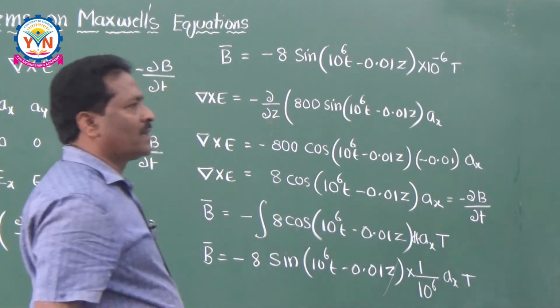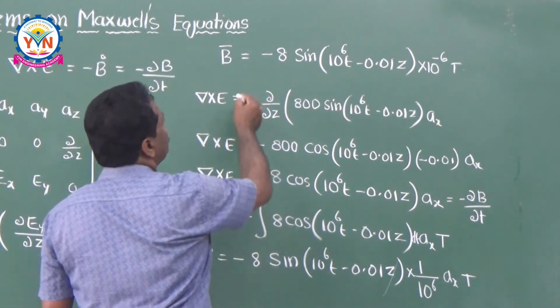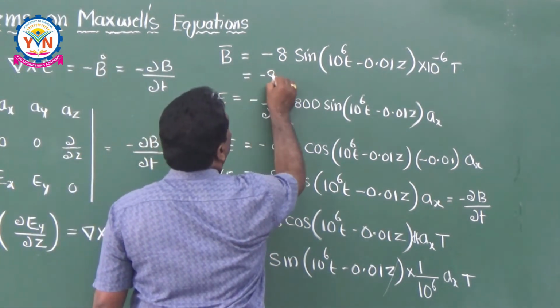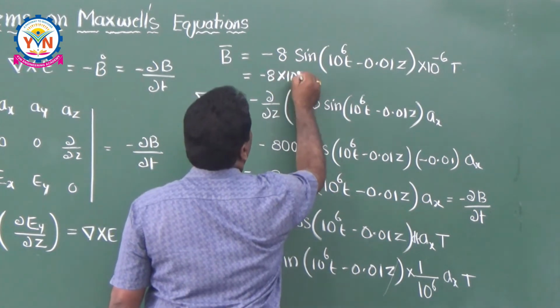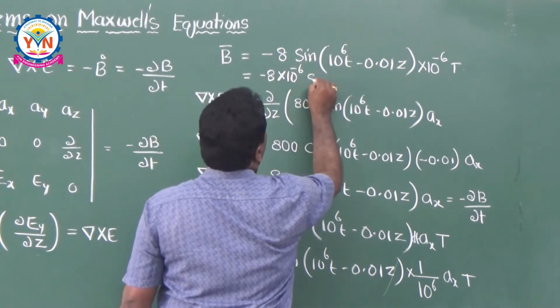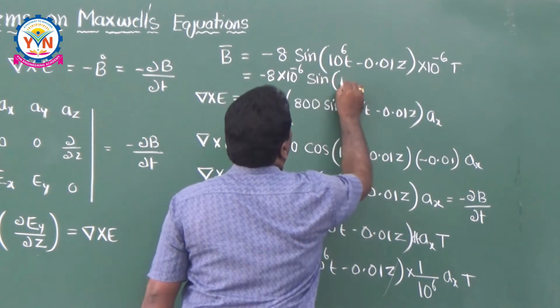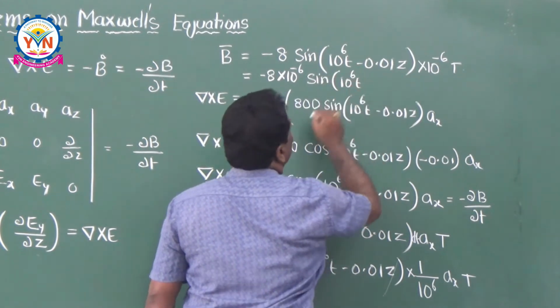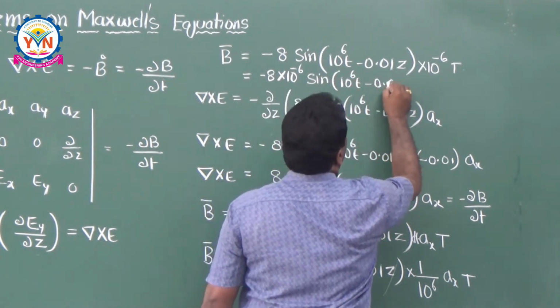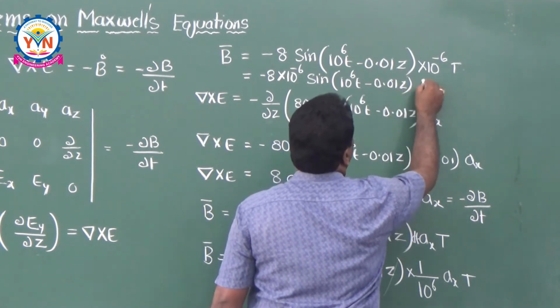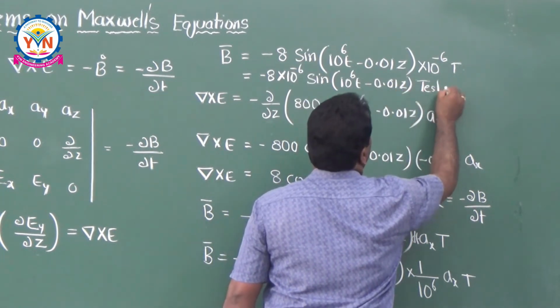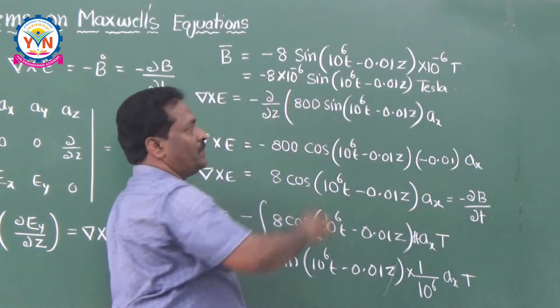Therefore, this is equal to minus 8 into 10 to the power of minus 6 sine of 10 to the power of 6t minus 0.01 into z Tesla. This is nothing but the magnetic flux density B bar.